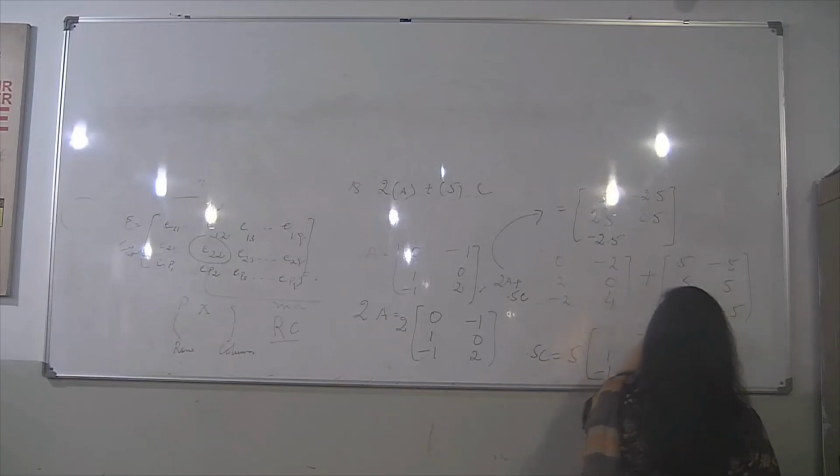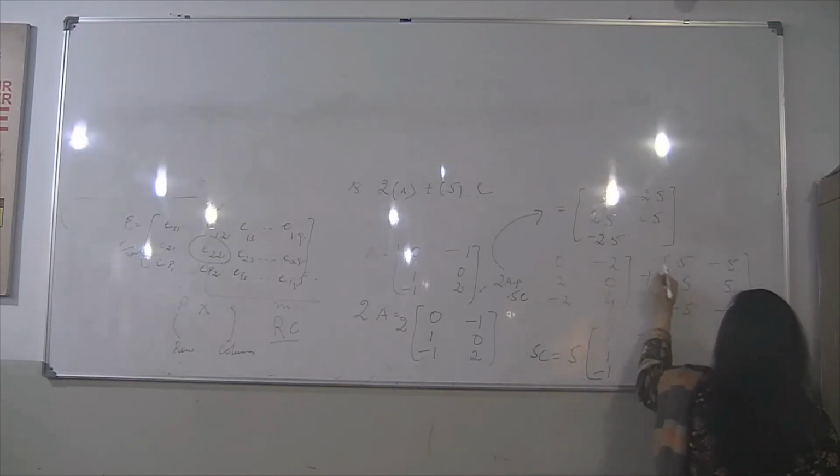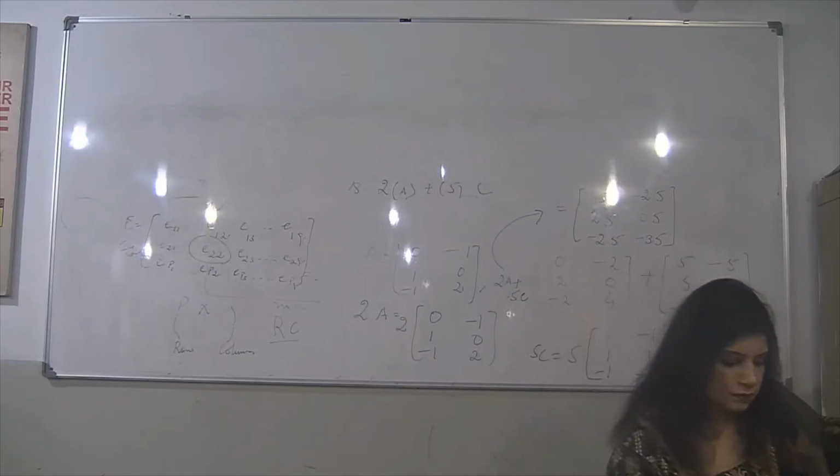And -2 minus 0.5 is -2.5, and 4 minus 0.5 would be 3.5. So here goes the addition and multiplication with this.